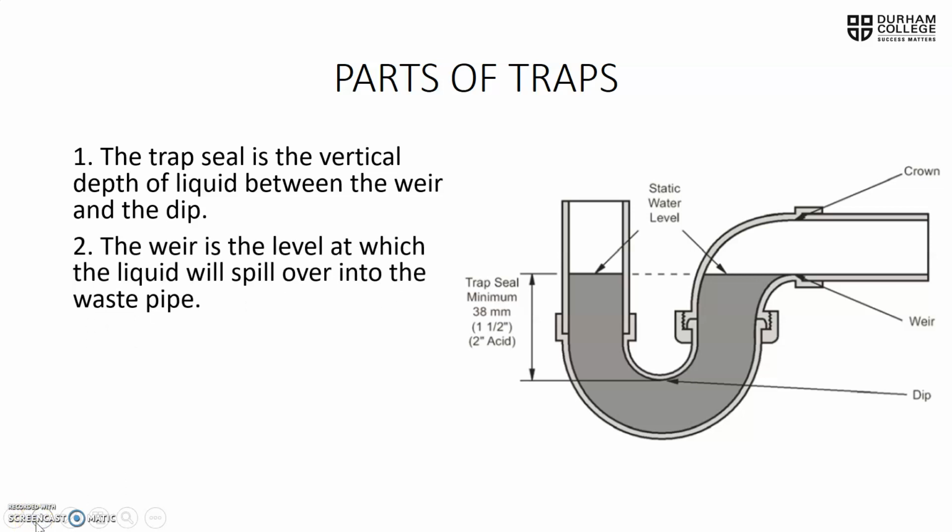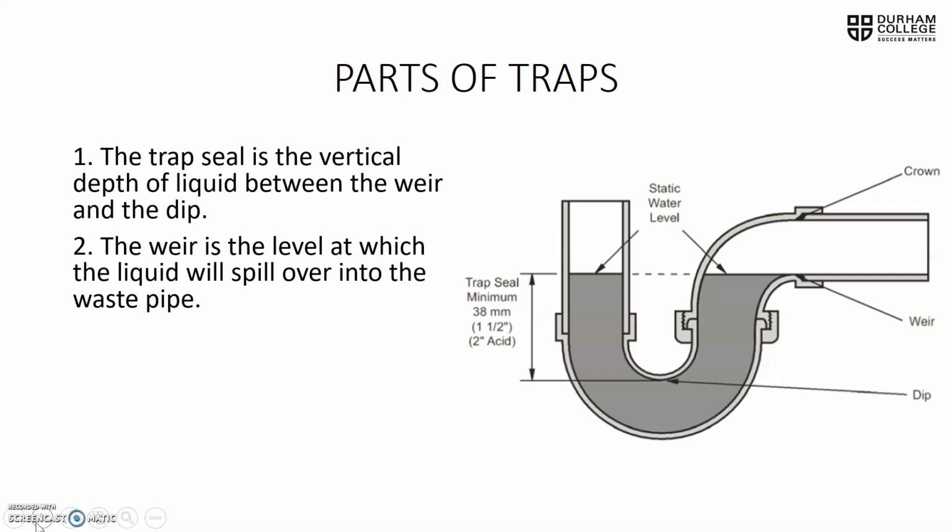The other part of the trap that's important is the weir, and that's the curved part on the way out of the trap, heading into the trap arm of the fixture. This is where the seal needs to come up to. The trap seal needs to be up that high.